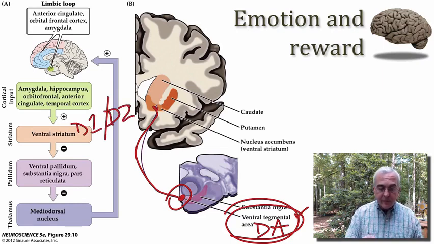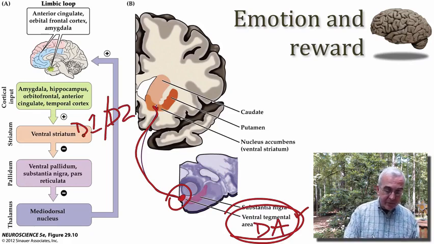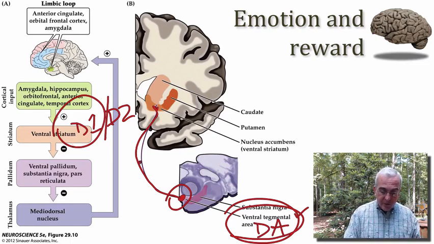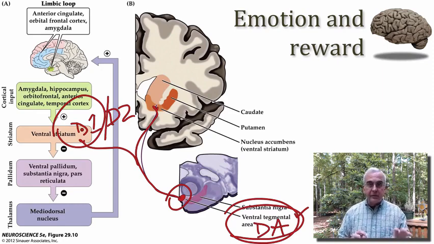The D1 receptors are associated with the direct pathway. So in the illustration that we have here to the left, we imagine that the D1 receptors are being activated when ventral tegmental neurons begin to fire and release dopamine, affecting this direct pathway from ventral striatum to ventral pallidum, substantia nigra pars reticulata, and then back to the mediodorsal nucleus of the thalamus.